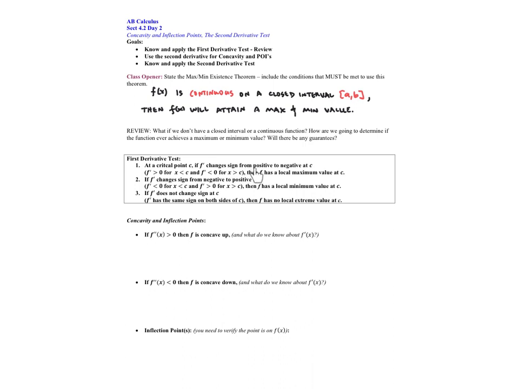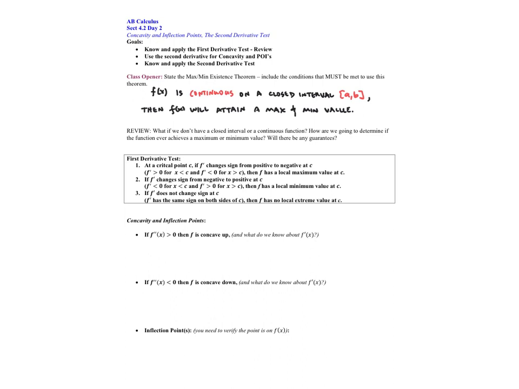If f prime changes from positive to negative at that value, then f has a local maximum. The second scenario would be a local minimum at x equals c, very similar, except f prime changes from negative to positive at that value. And then, of course, the third scenario is if f prime doesn't change sign at that critical value c. This would be no extreme value present.